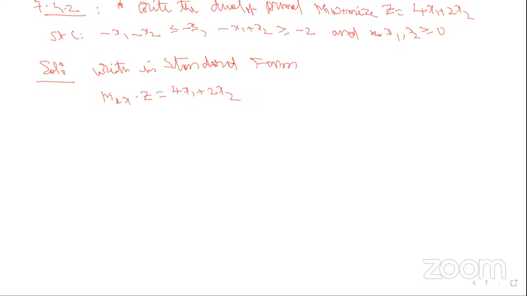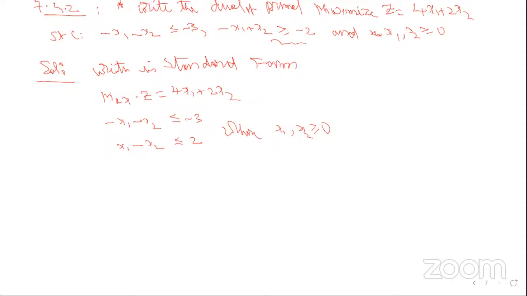Next, minus x1 minus x2 is less than or equal to minus 3. Next, where greater than or equal to is there, you need to write less than or equal to, so multiply by minus on both sides. That becomes x1 minus x2 is less than or equal to 2, where x1, x2 greater than or equal to 0.